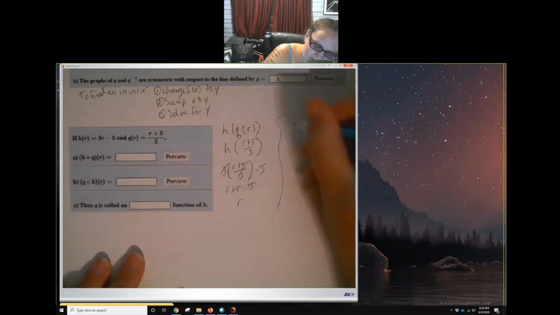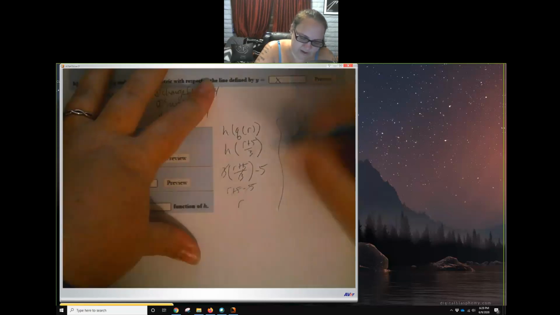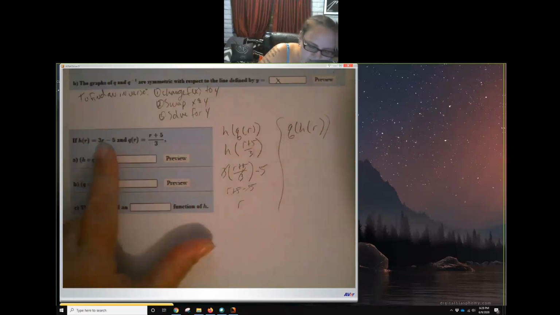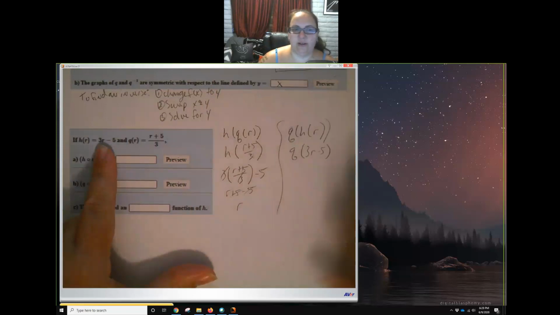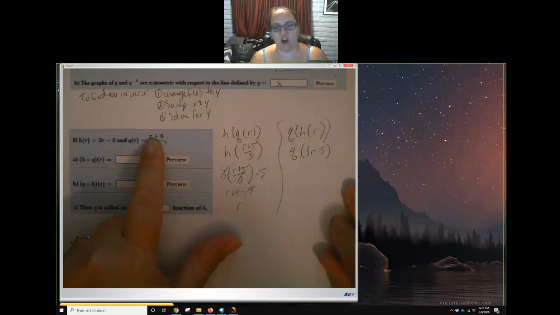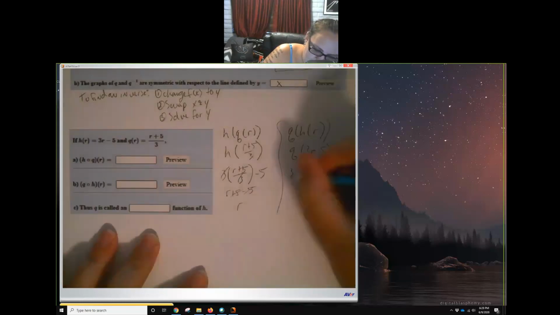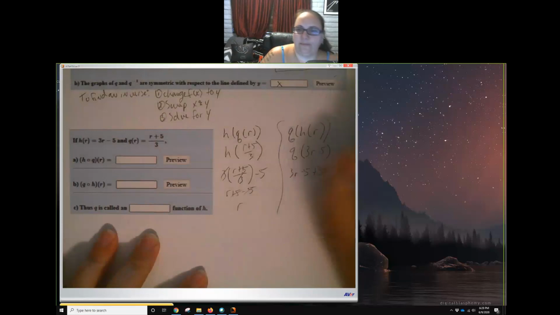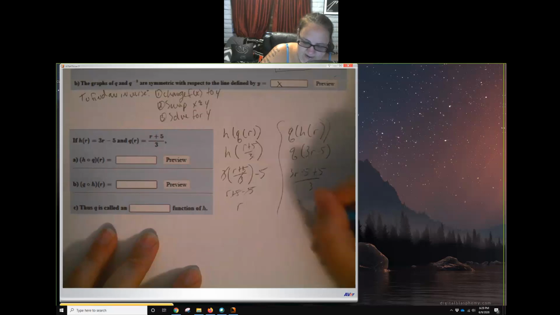So we're going to do that again, only this time we're going to do q of h of r, which means we're going to do q of 3r minus 5. So then I'm going to go to q, and I'm going to replace this r with a 3r minus 5. 3r minus 5 plus 5 over 3. The plus 5 and the minus 5 will cancel.